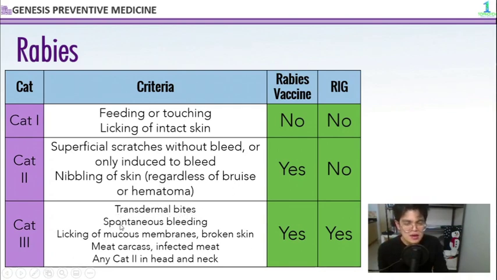And for all else, category 3, the most severe category, whenever there are transdermal bites, evidently these will bleed, spontaneous bleeding as well. So different from induced to bleed, there is spontaneous bleeding, leaking of mucous membranes, broken skin, exposure to any meat carcass of the dead dog, for example, or the infected meat.